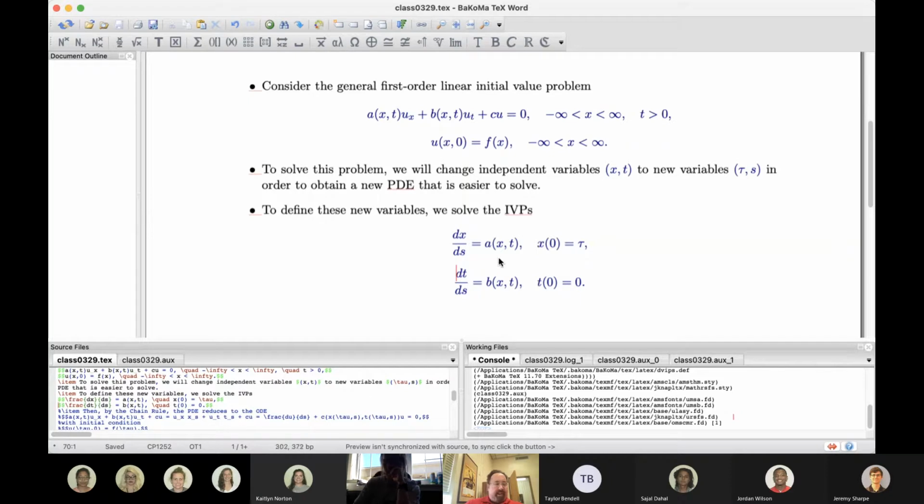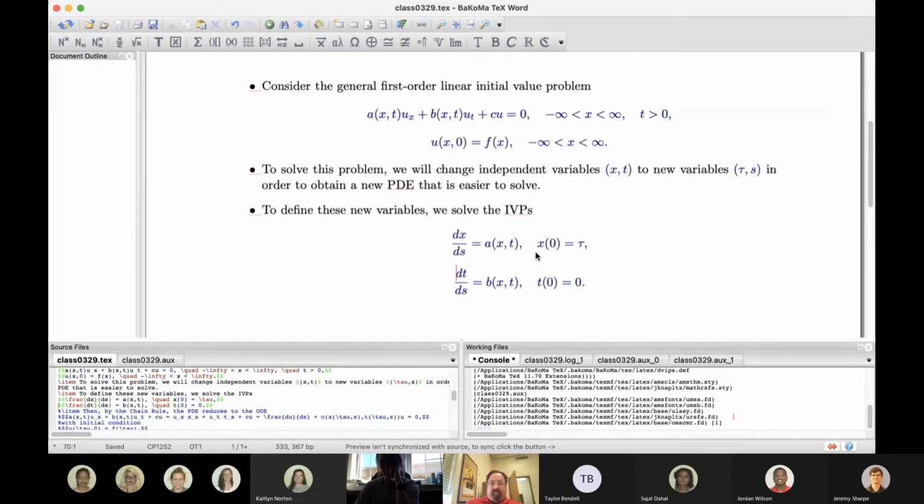And we also have to specify initial conditions for these ODEs. If you look at where our initial condition is defined, it's on the x-axis. So in other words, t equals 0. So t equals 0 is the initial condition for our ODE for t.